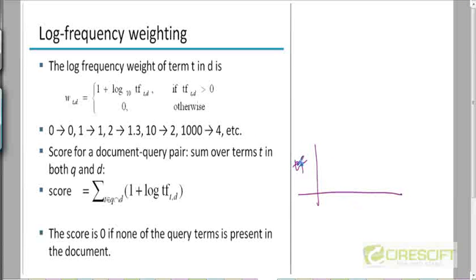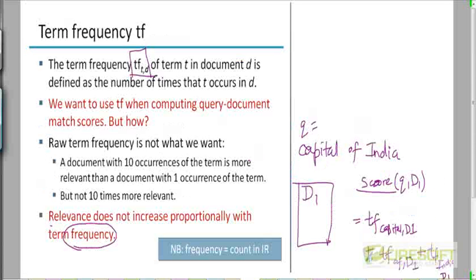but it grows as 1 plus log of the term frequency. So instead of growing like this, if this is the term frequency and this is the weight, in the scoring scheme that I described, the weight was the term frequency itself.